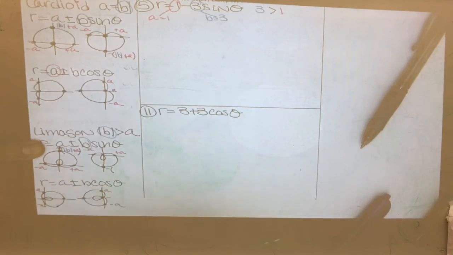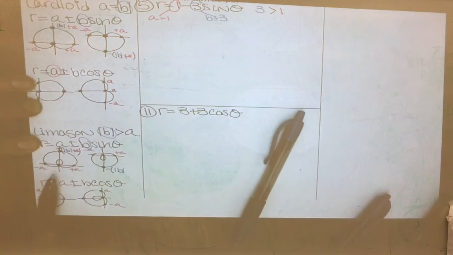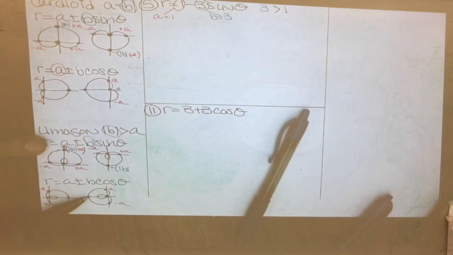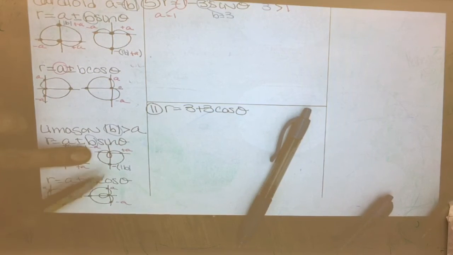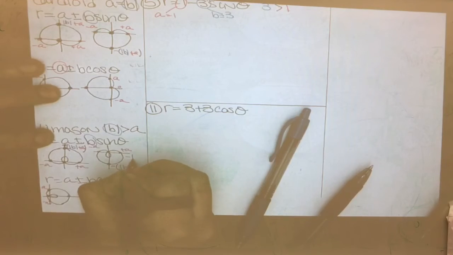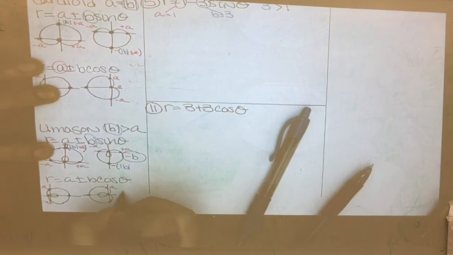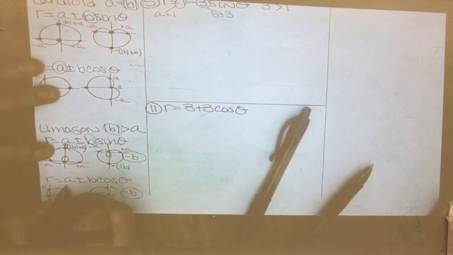Is it 1, 2, 3, or 4? What do you guys think? Is it 1, 2, 3, or 4? 3? 1, and nope, because it's not cosine. It's going to be this one. Okay, and so that happens anytime you have a negative. So this would be negative b. This would be plus b. Okay, this one is negative b. This one is plus b.